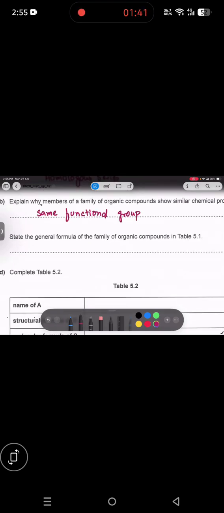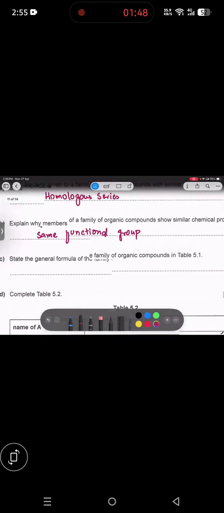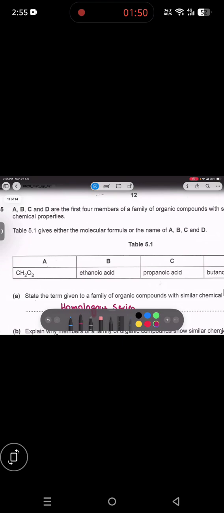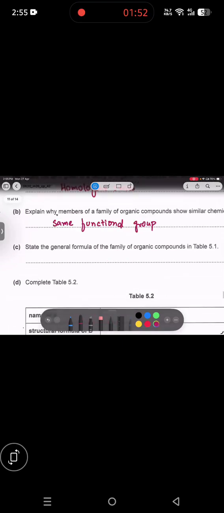State the general formula of the family of organic compounds in the table. So these all are acids here: CnH2n+1COOH.